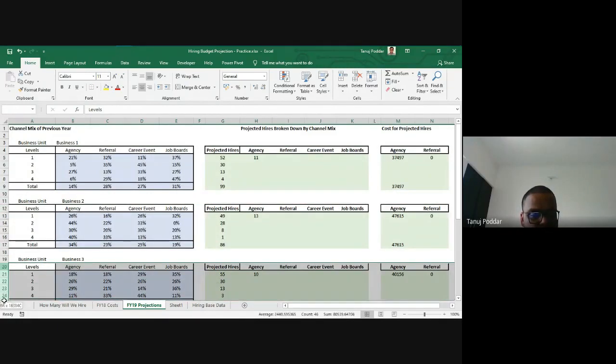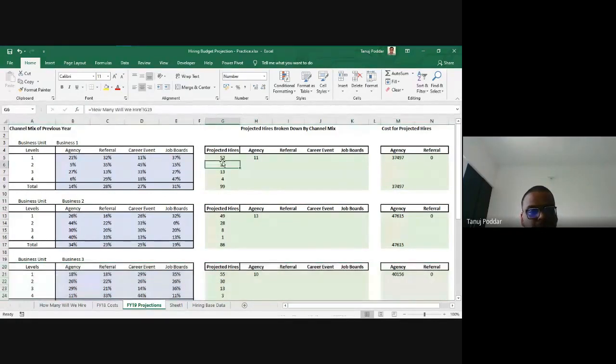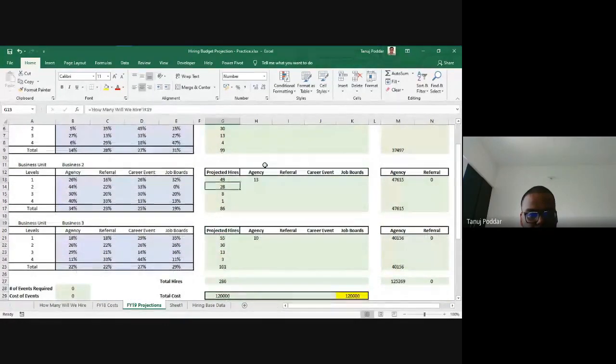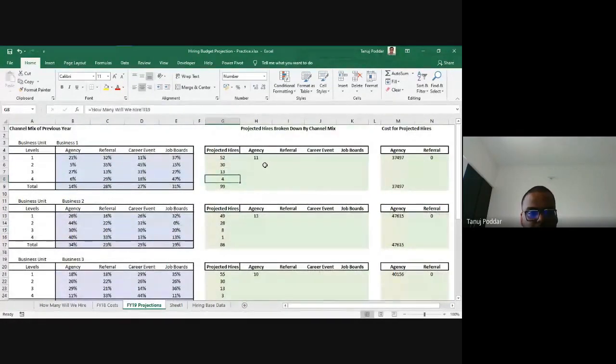So you need to populate the number of people that you're going to hire for business 1 at level 1 in FY19, for business 1 level 2, level 3, level 4. And then we just sum it up. Similarly, we'll have business 2 level 1, 2, 3, 4. That is the first thing that you guys can populate on this sheet. And then you just sum the whole thing up. That is the total number of projected hires.